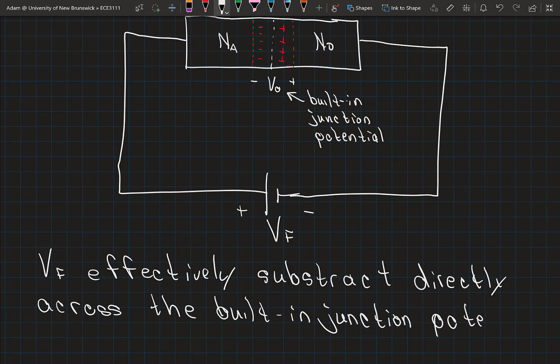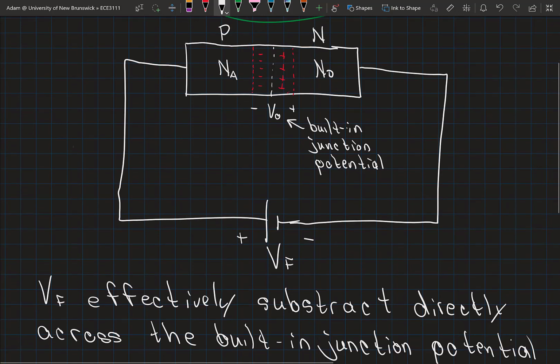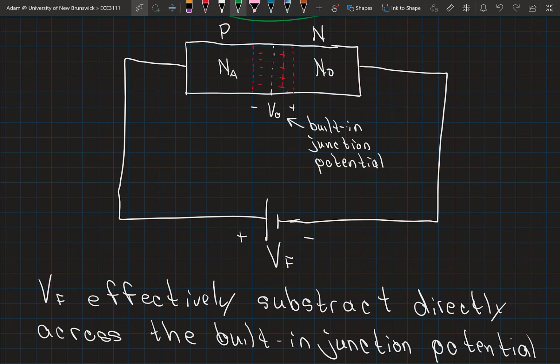And you might say, well, it's not applied directly across that junction potential, but the doping of these regions makes those regions sufficiently low impedance that we can treat this forward bias like it's applied right across the depletion region of the diode, and henceforth directly is going to subtract from that built-in junction potential.